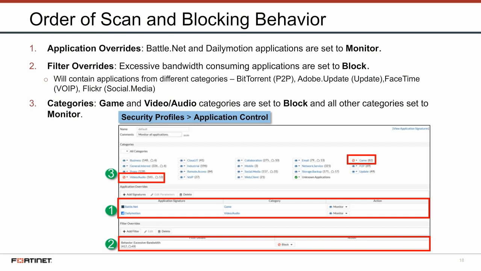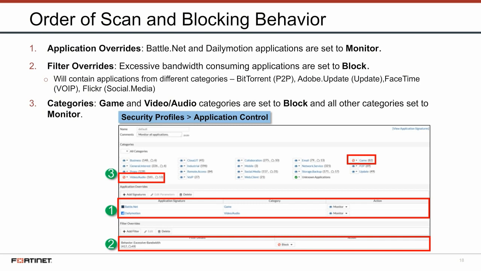Here is an example of how several security profile features could work together, overlap, or work as substitutes on the same traffic. After the application control profile scan is done, FortiGate begins other scans, such as web filtering. The web filtering scan could block battle.net and Dailymotion, but it would use its own block message.